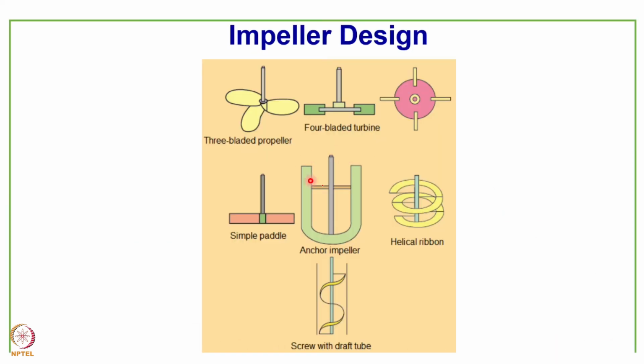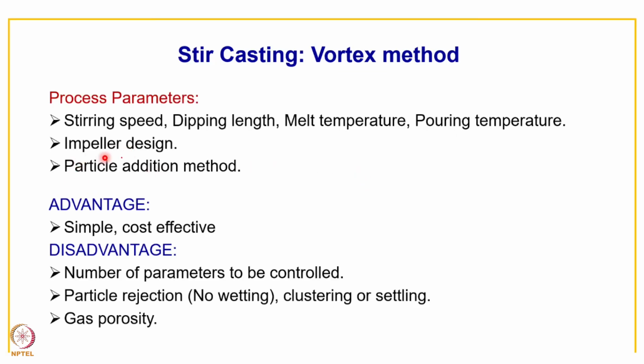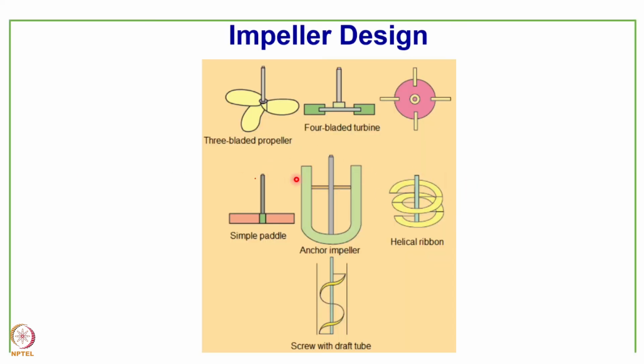So these are some of the impeller designs that you can see over here. As I was mentioning, the impeller design might also have some effect on the process. So these are different types of impeller designs that you can see over here, such as a 3-blade propeller, 4-blade, 2-blade, or other kinds of geometries.